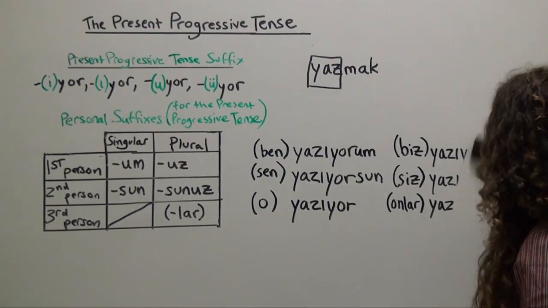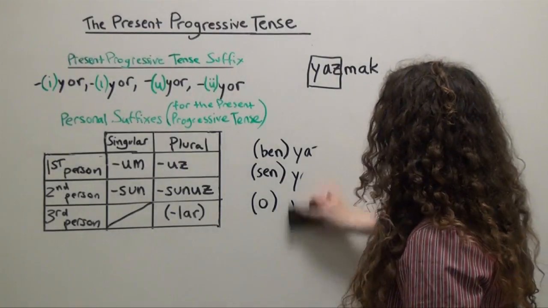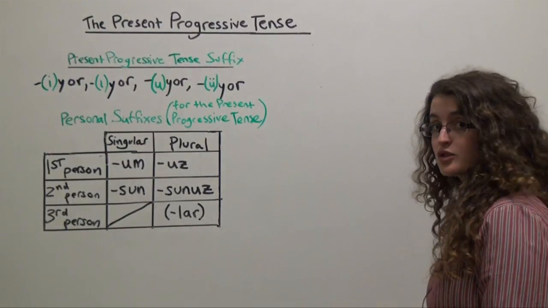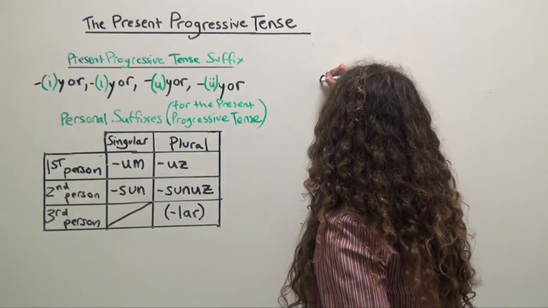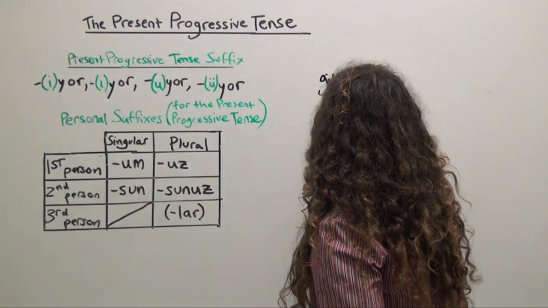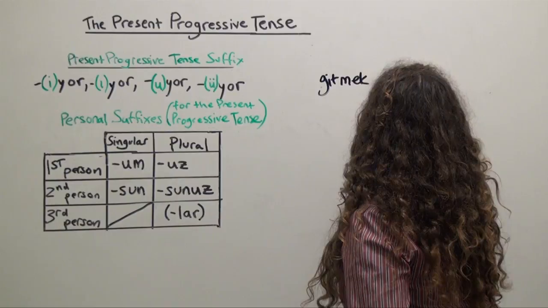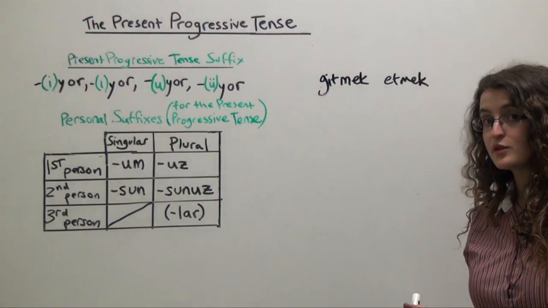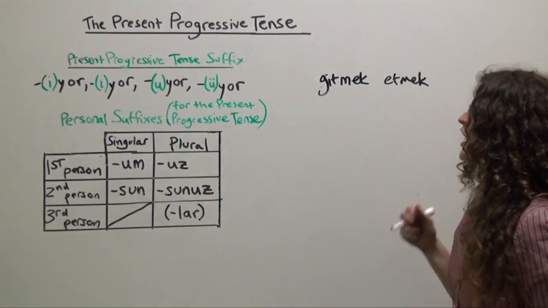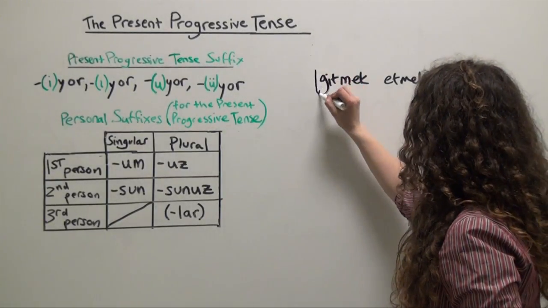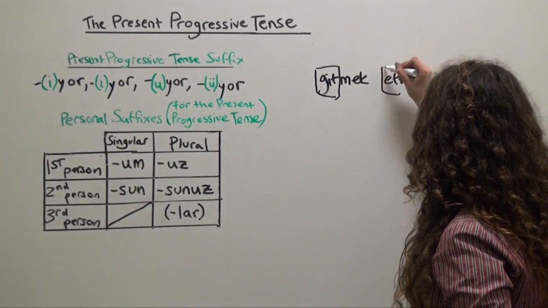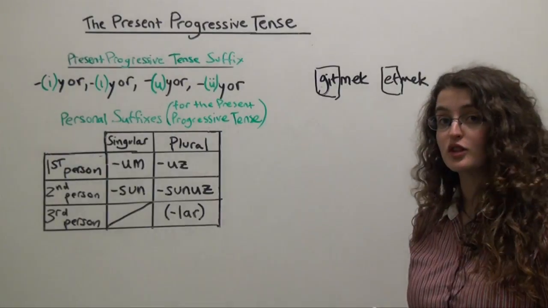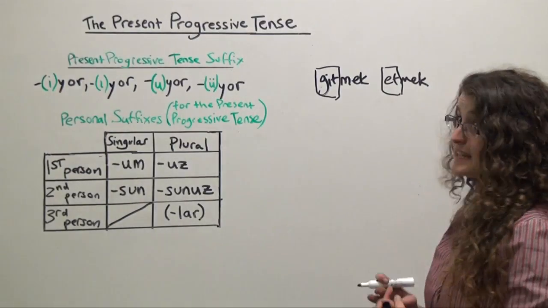Okay, so that's yazmak in the present progressive tense. Now I want to talk about what happens if you put the verbs gitmek, to go, or etmek, to do, in the present progressive tense. Gitmek and etmek, when you put them into the present progressive tense, you'll notice that these two verb stems both end in t. That t is going to undergo consonant alternation with d.